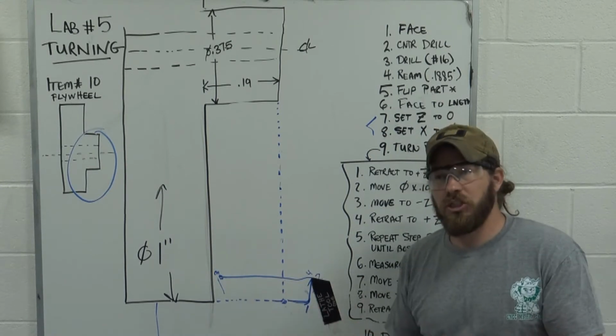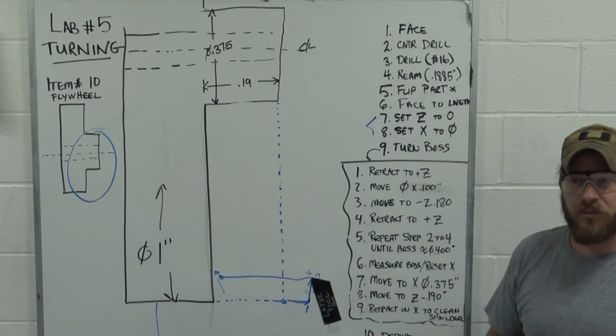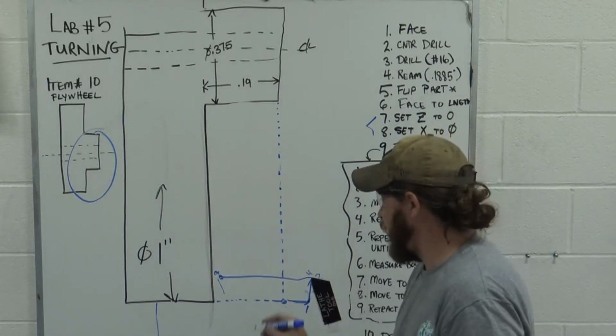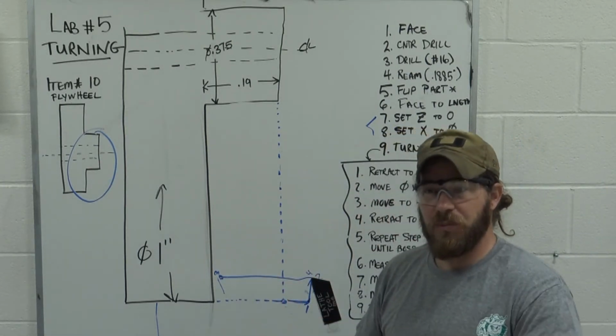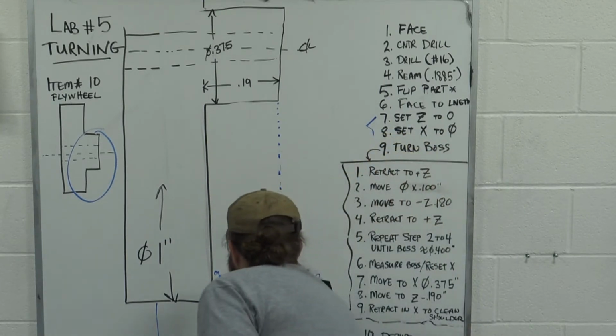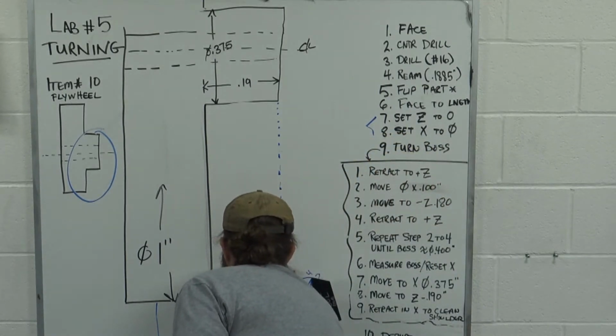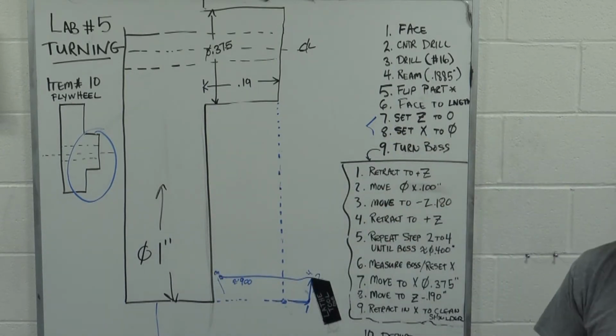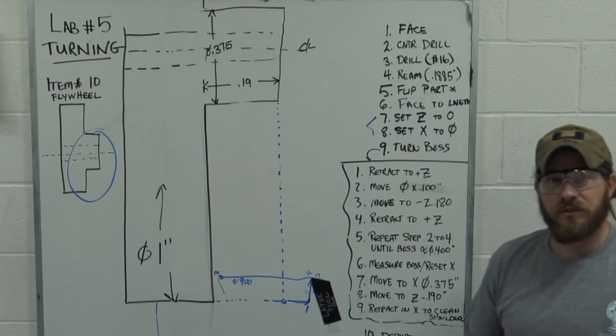So what should our diameter be, or roughly around? It should be 900, right? 1 inch minus 100 thousandths. We should be somewhere in the neighborhood of 900 thousandths.